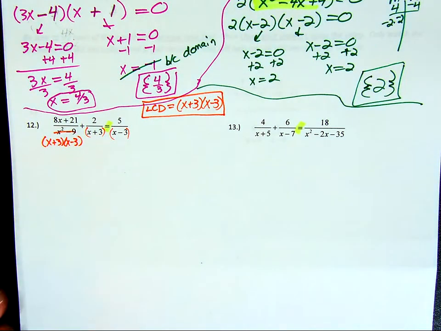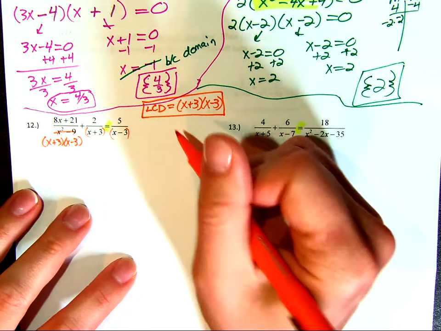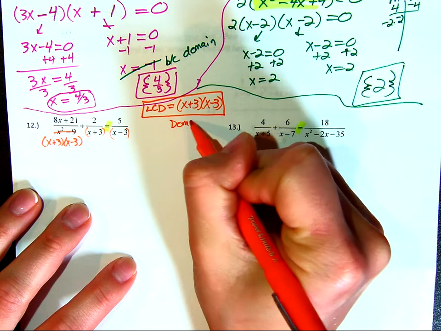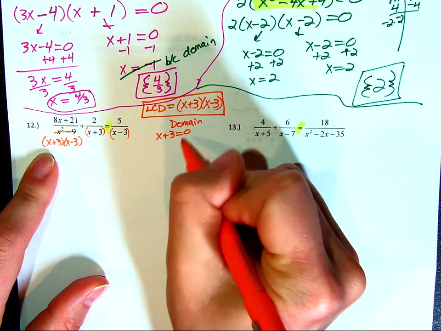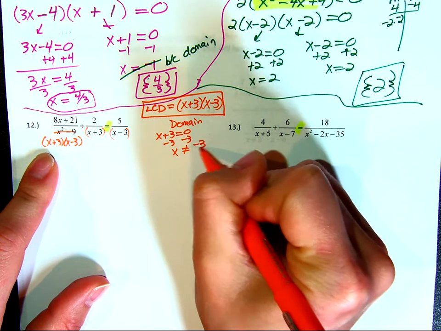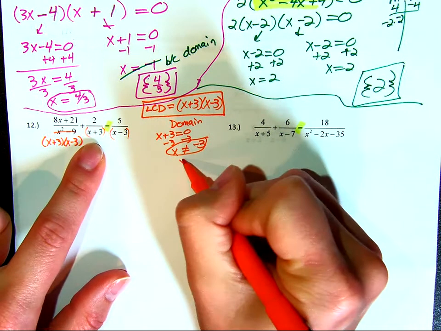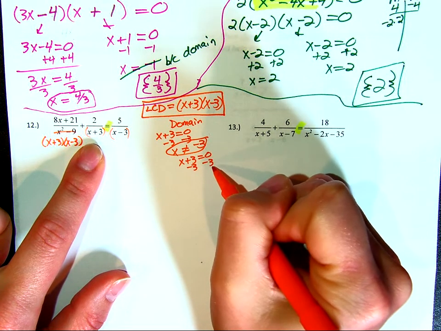Again, anytime we're solving an equation, we have to deal with domain. So domain means that the denominator cannot equal 0, so x plus 3 equals 0. Subtract 3 means x cannot equal negative 3. Oh, wait, we already did the plus 3 one.